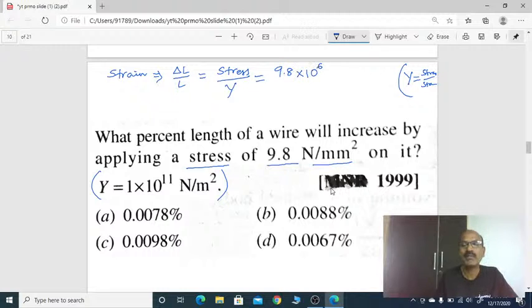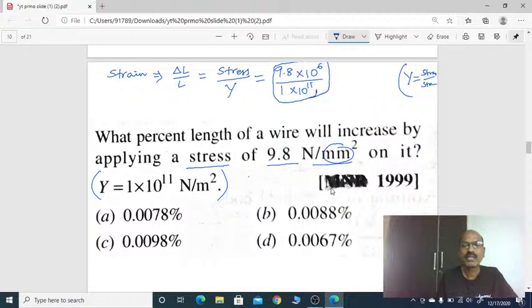Now it is Newton per meter square, the SI unit. Young modulus is given here as 1 into 10 power 11 Newton per meter square. That's all. Now all values are given.